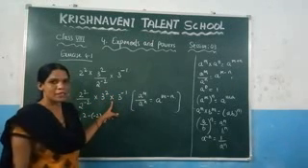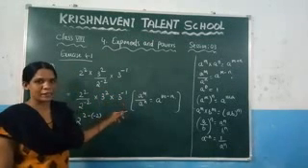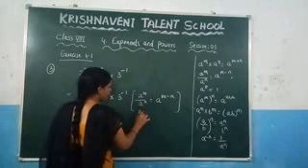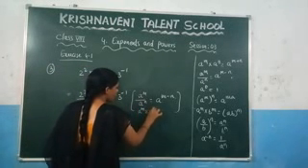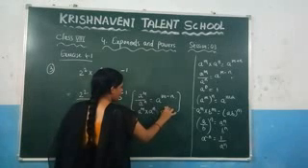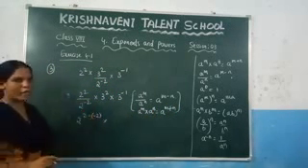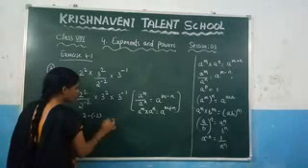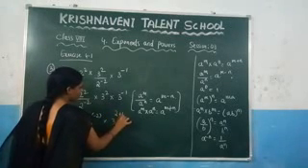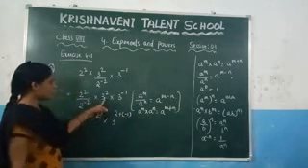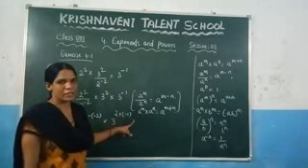Since here the multiplication is there, you can add the powers. By this identity, a power m into a power n is nothing but a power m plus n. Since here the bases are same, you can add the powers. From that you can write this one as 3 to the power of 2 plus of minus 1.